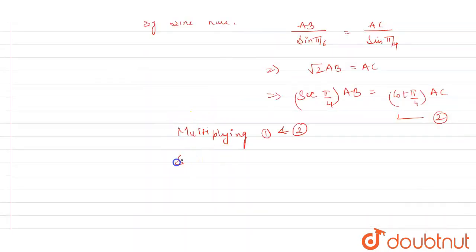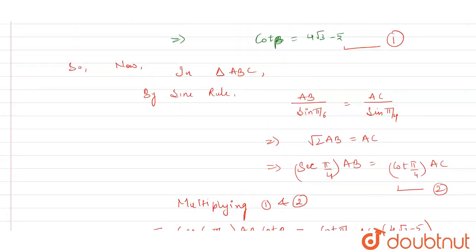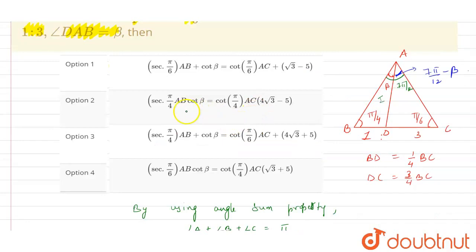So I'll be getting sec pi by 4 AB cot beta equals cot pi by 4 AC into (4 root 3 minus 5). So let us match this expression with the given expression. Sec pi by 4 AB cot beta, sec pi by 4 AB cot beta.